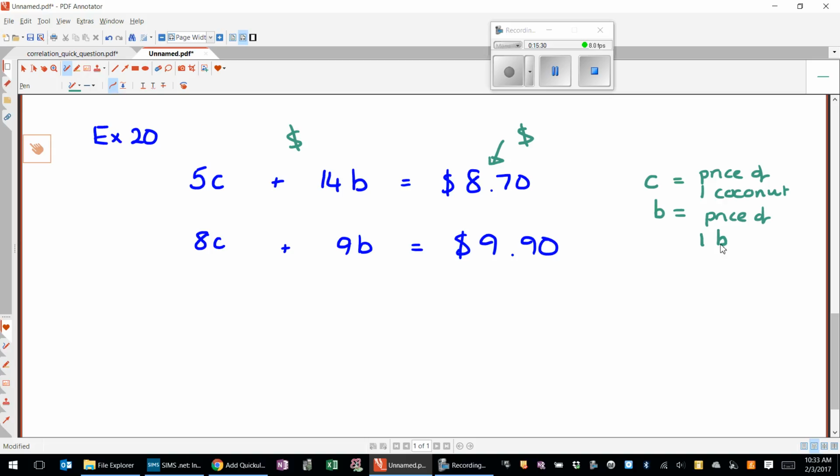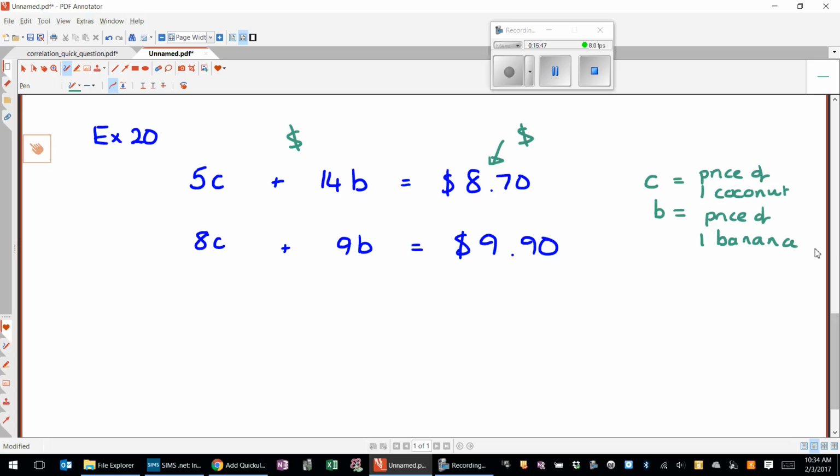banana. So we've got to be very careful how we think about writing down our equations using C's and B's and things, in that we don't think C means coconut and how many coconuts, because we know how many coconuts.